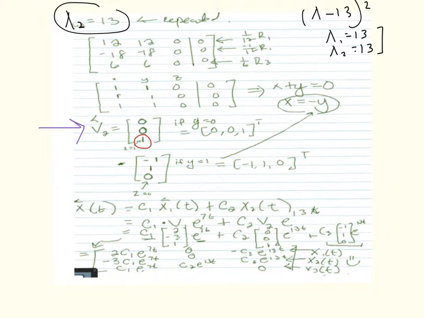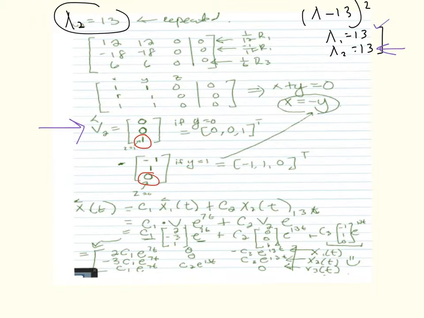Now we need another eigenvector, since we just did this one and now we need the other. Again, z can be anything.